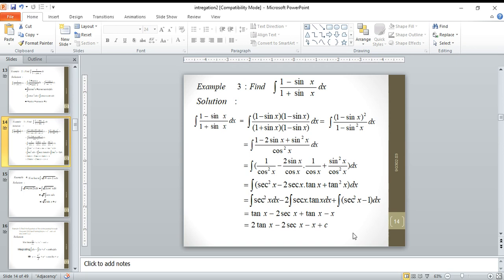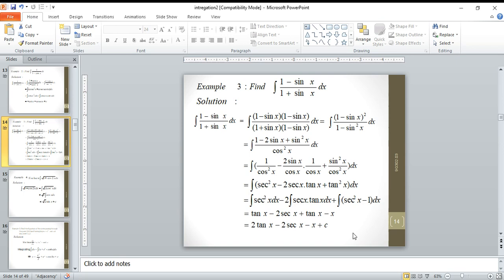Divide the three parts: integration of secant square x dx, minus 2 into integration of secant x into tan x dx, plus integration of tan square x, which can be written as secant square x minus 1 dx, because we don't have any tan square formula. We have only secant square and cosecant square formulas.